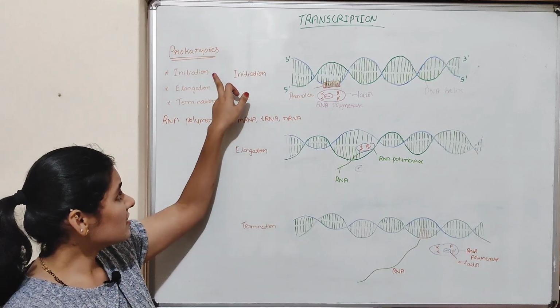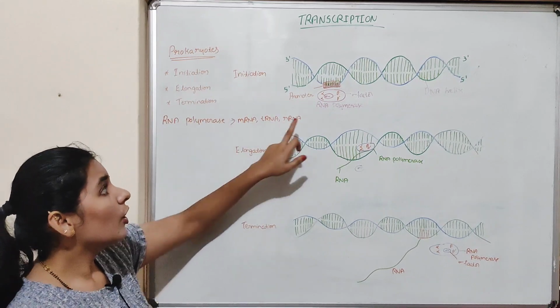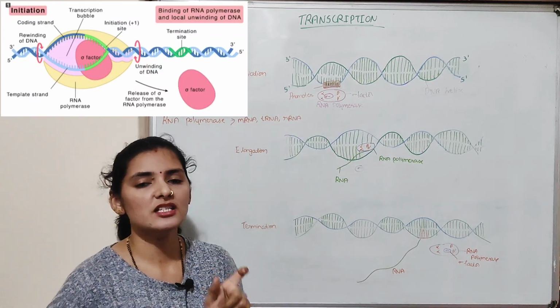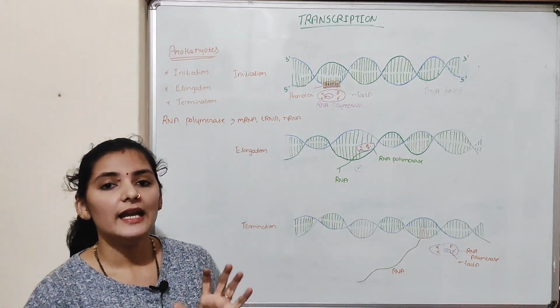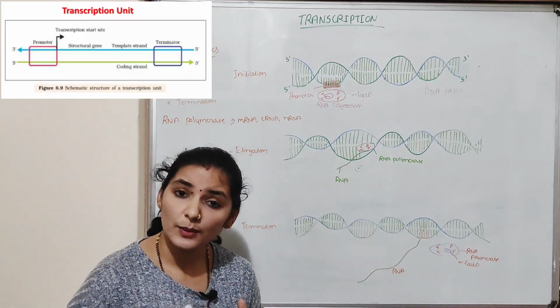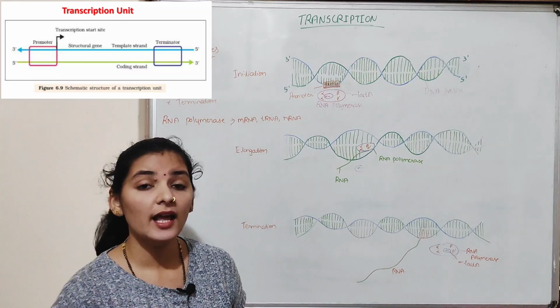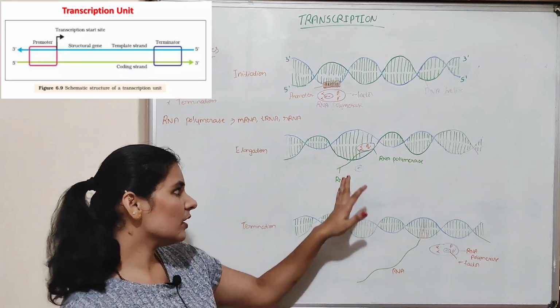In the initiation step, the RNA polymerase enzyme goes and binds to the promoter site. Promoter site is nothing but a small sequence of DNA in the transcription unit. Transcription unit means a stretch of DNA that needs to be transcribed into RNA.